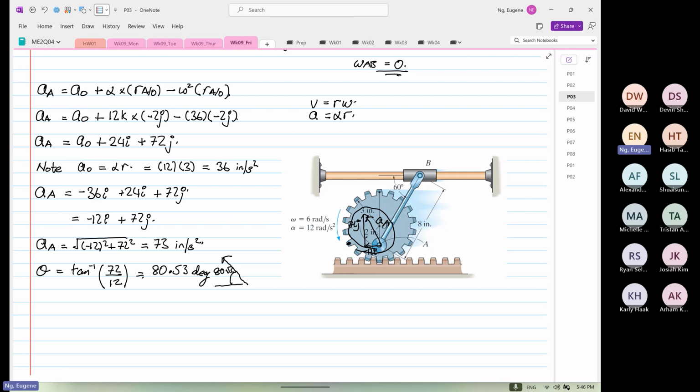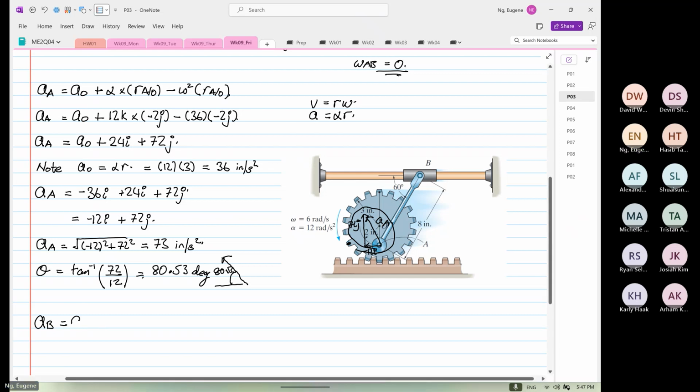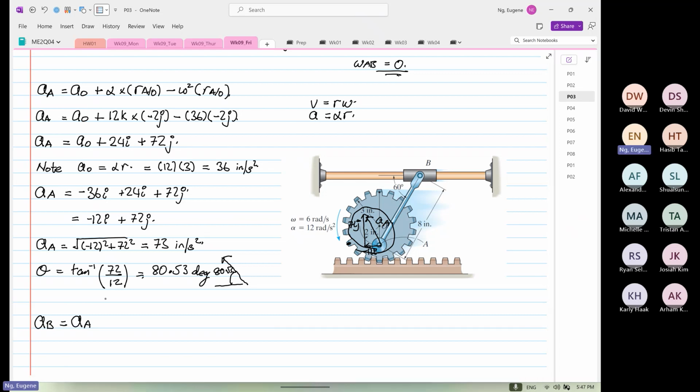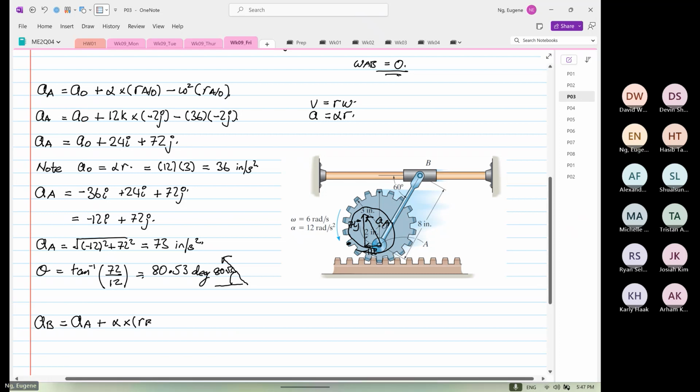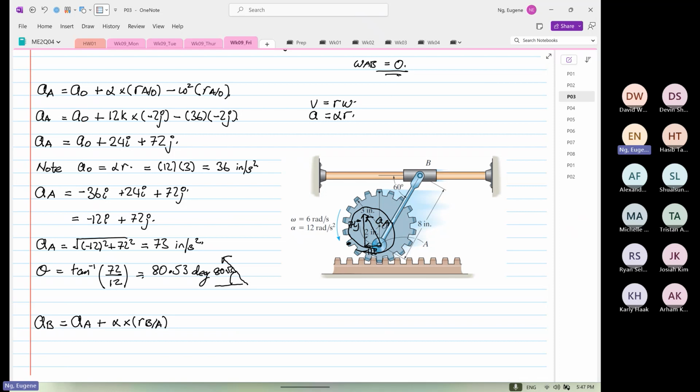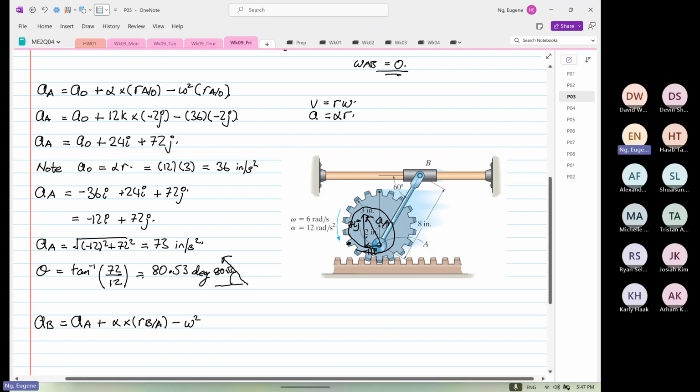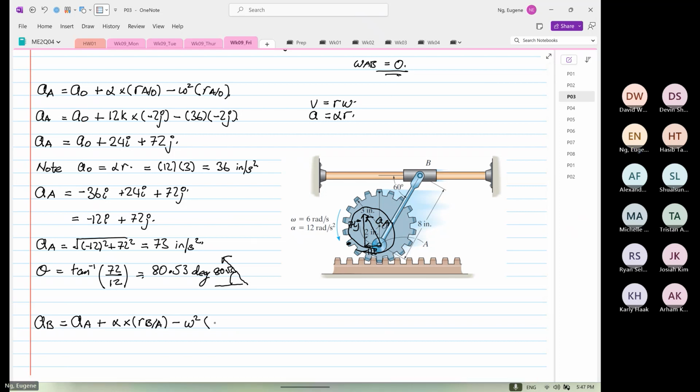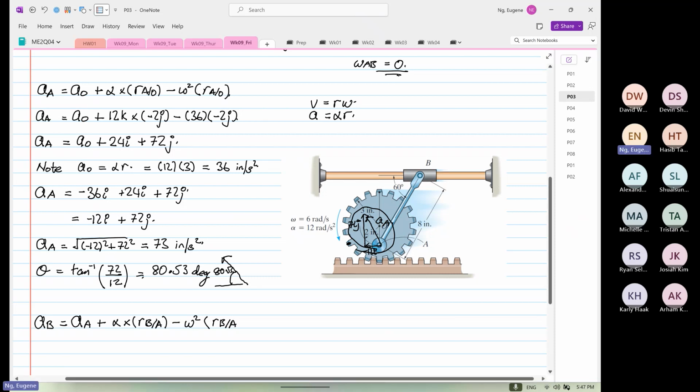Right. So from here, we know what is going on at point A, and again we can relate to point B. So the acceleration at point B is equal to the acceleration at point A plus alpha cross r_B/A, minus omega squared r_B/A.